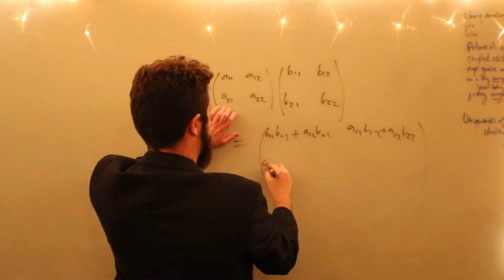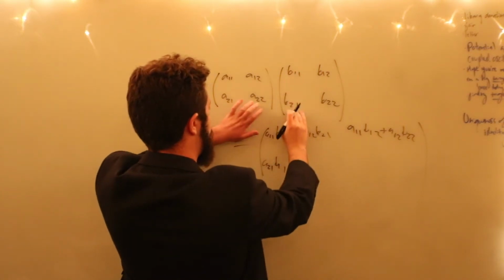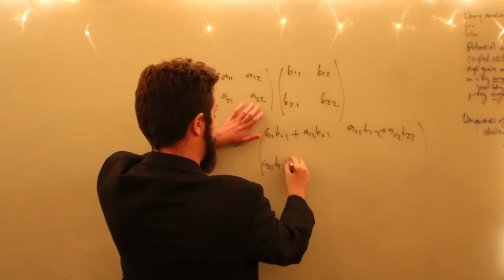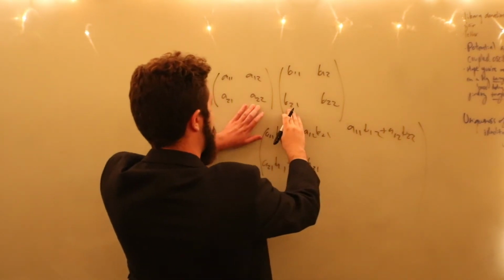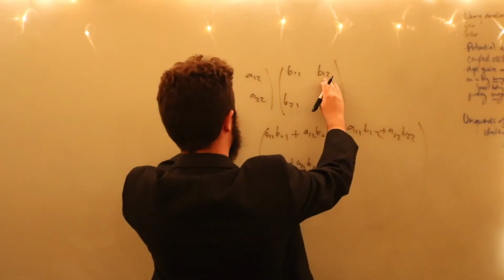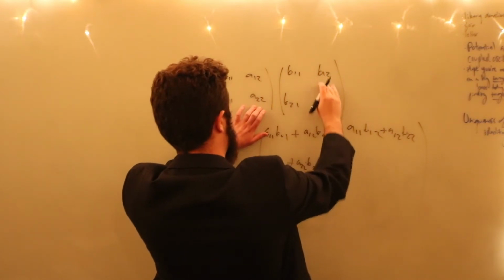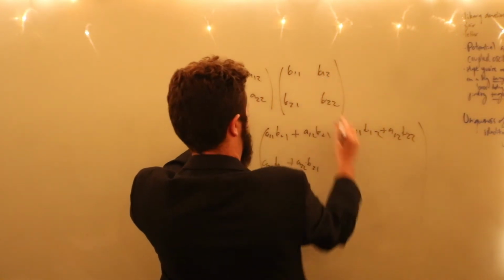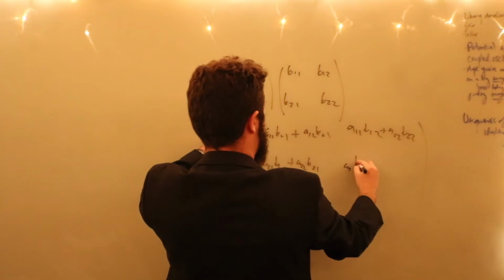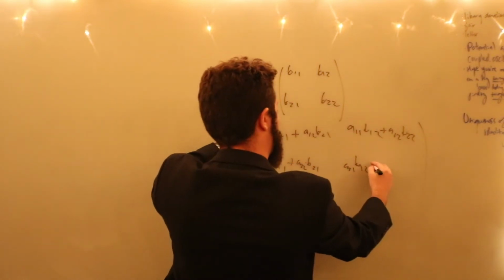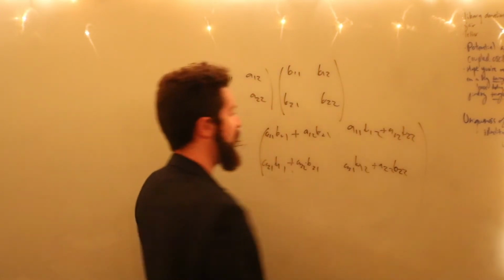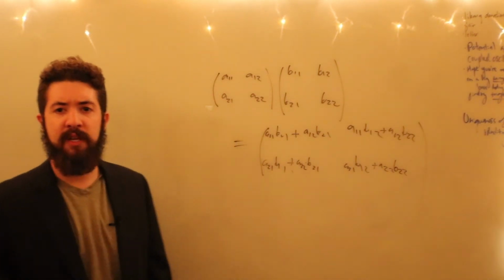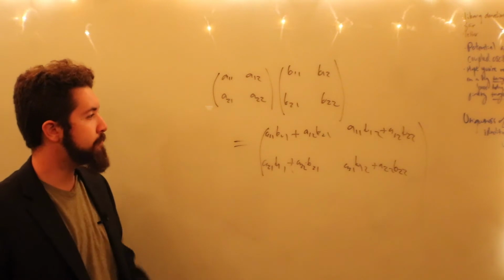So A21, B11 plus A22 times B21. And then our last entry is going to be this row with this column. So A21, B12 plus A22, B22. This looks complicated at first, but really it's not that bad.